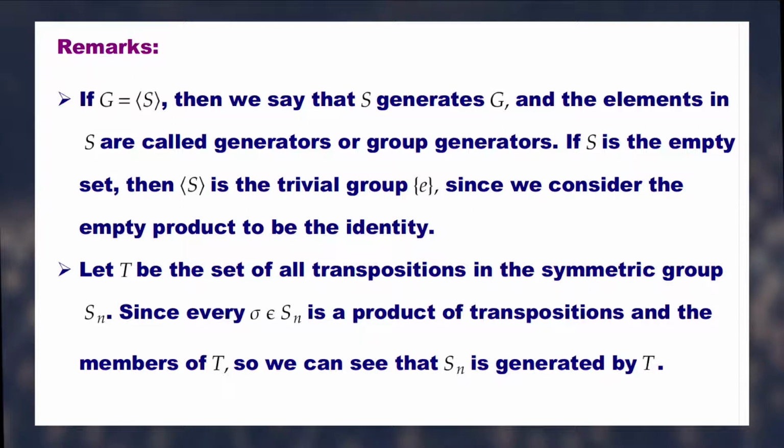Let T be the set of all transpositions in the symmetric group Sn. Since every sigma belonging to Sn is a product of transpositions, that is, members of T, we can see that Sn is generated by T.